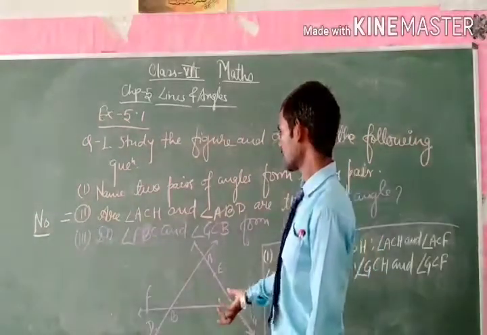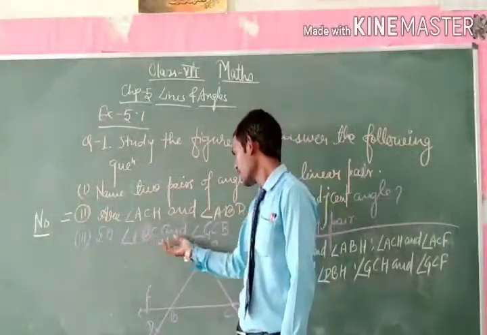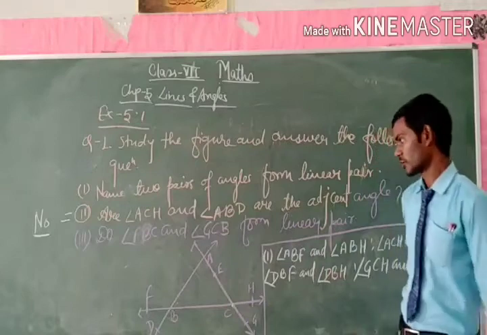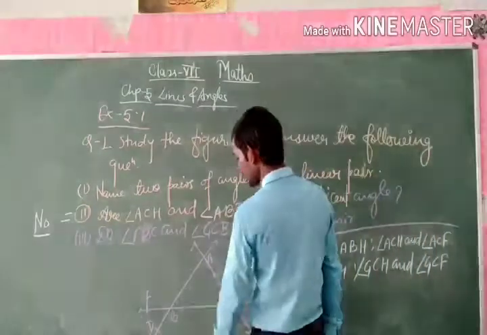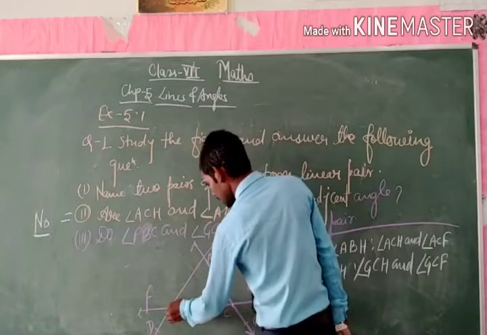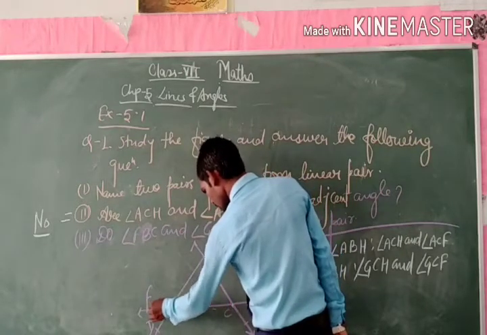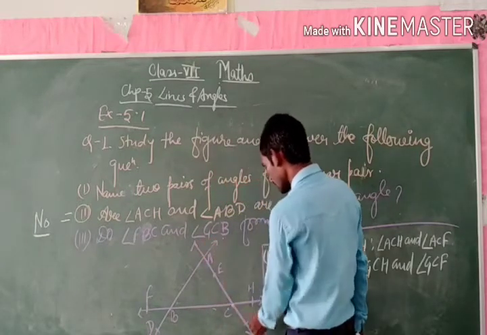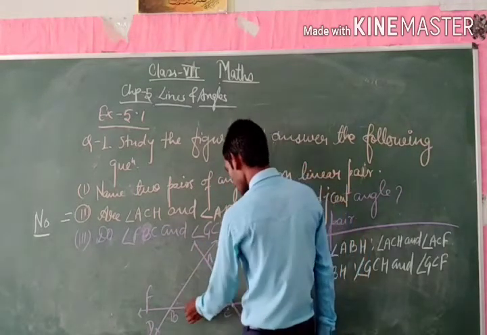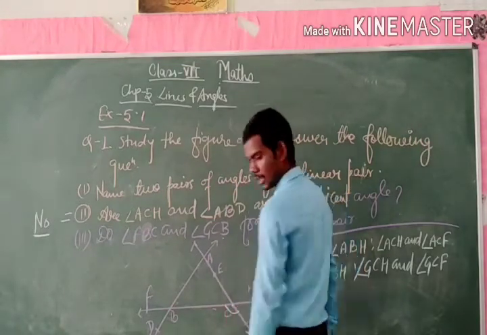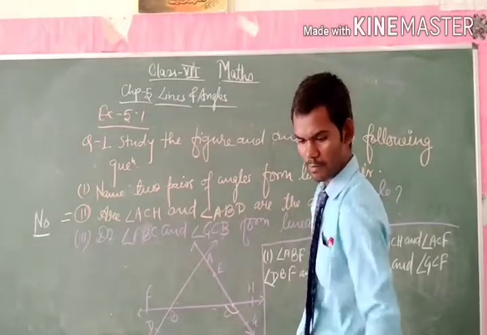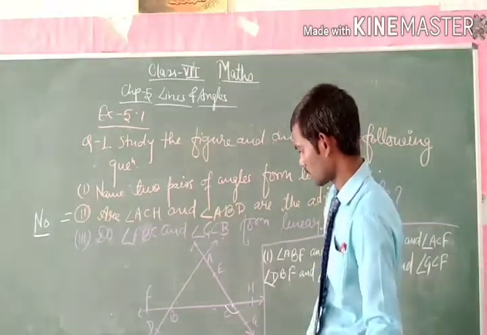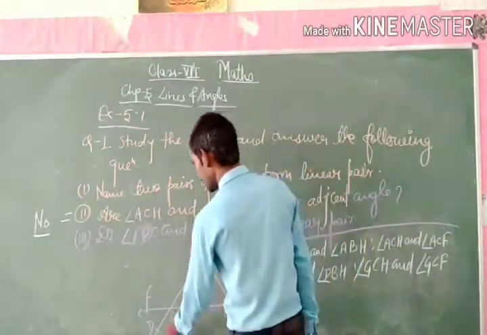Now what does the third condition say? Angles FBC and GCB form a linear pair. So let's see first. FBC, that is this angle, and GCB, that is this angle, and DBC.